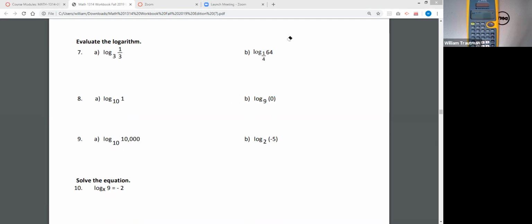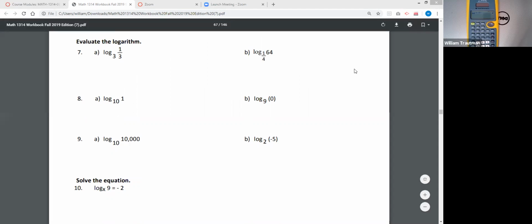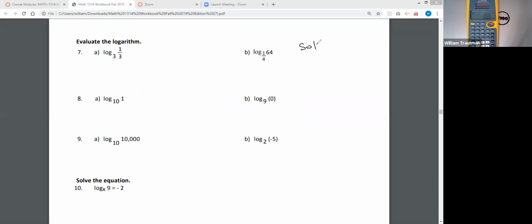In order to do this, the first step I would do is change it to exponential form. So to solve for x, and that's what we're doing here, step 1, change to exponent form.